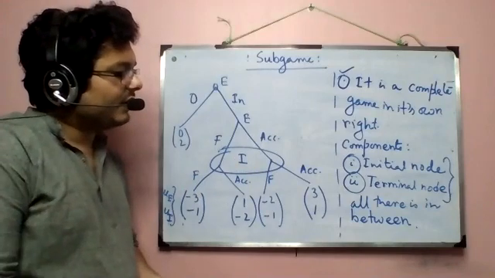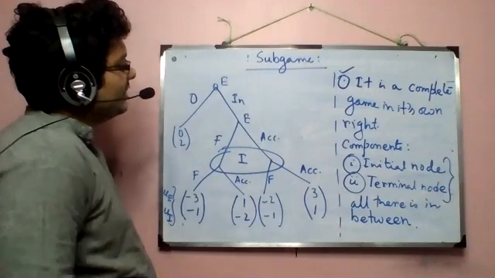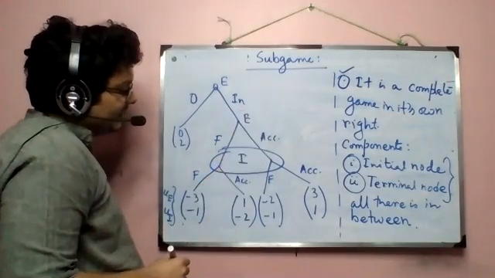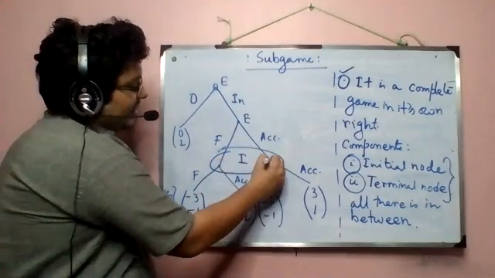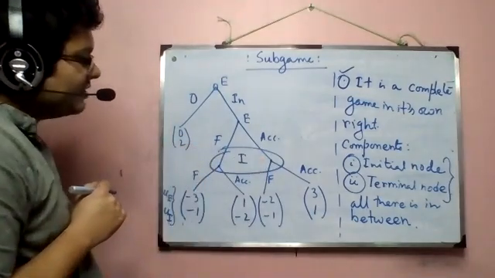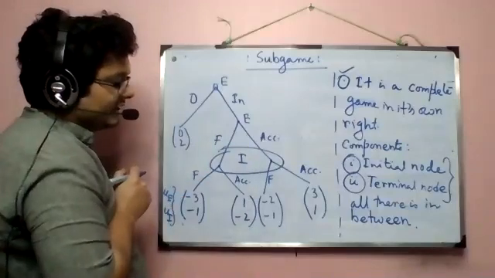So what if we start with an initial node? Let's say we pick the initial node here, this E. And then we pick the terminal nodes as one of these, because these are terminal nodes. So now we have two terminal nodes in a single information set.